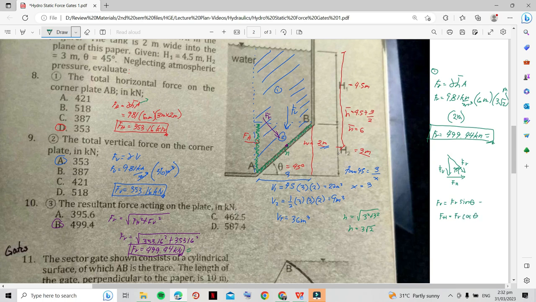So substituting, you have 353.15, and this also is 353.15. So you have all the answers. That's all. Thank you.